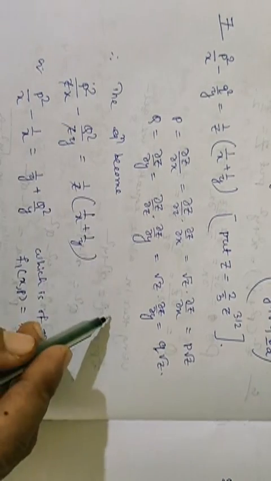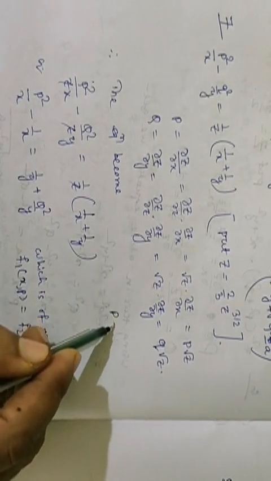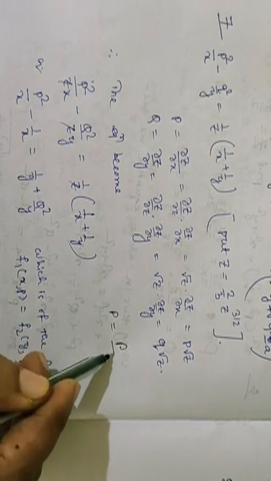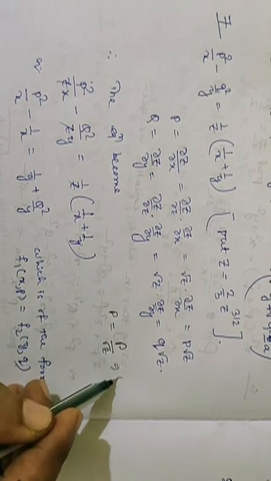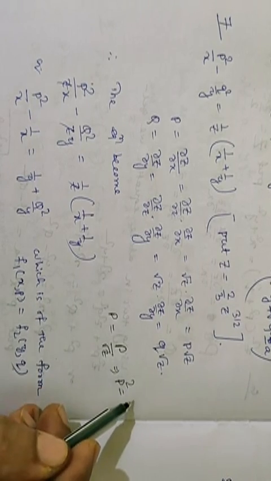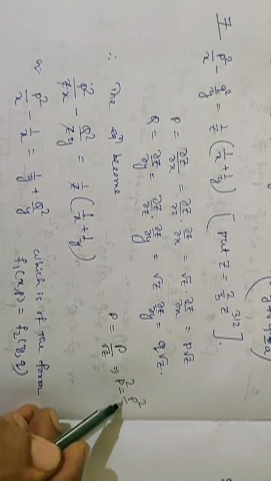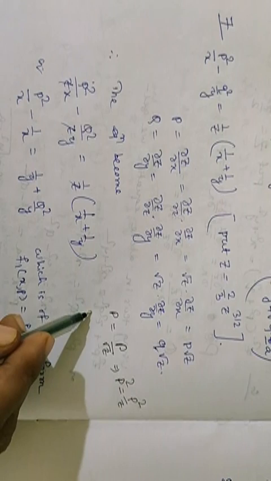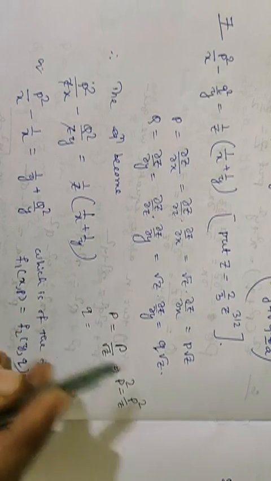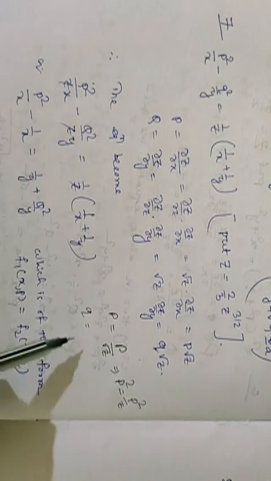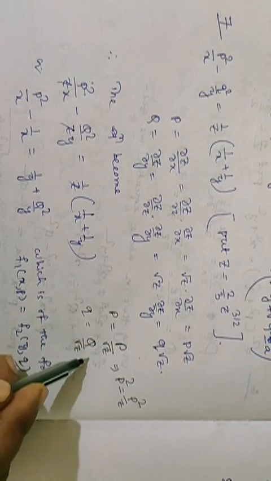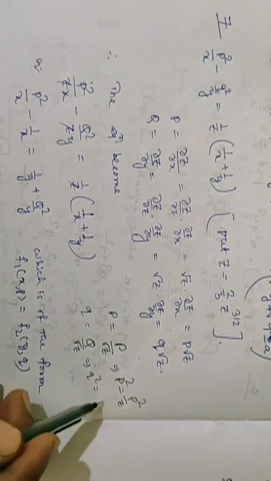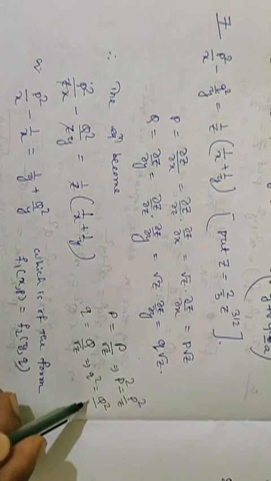So small p is equal to capital P by root z, which implies p square is equal to capital P square by z. Similarly, q is equal to capital Q by root z, which implies q square is equal to capital Q square by z.